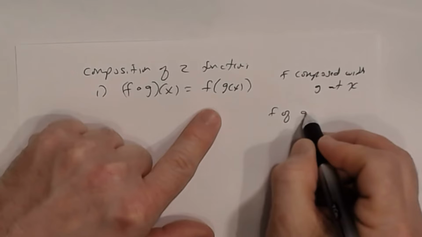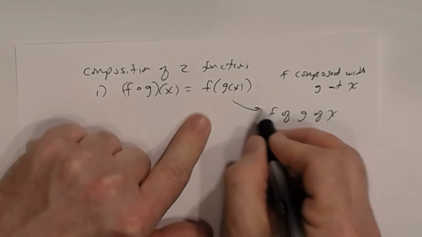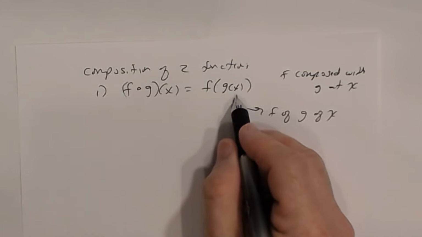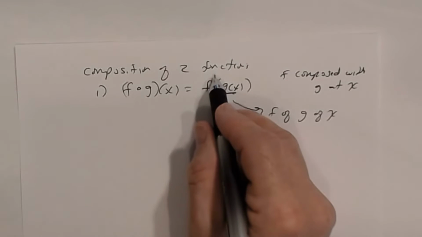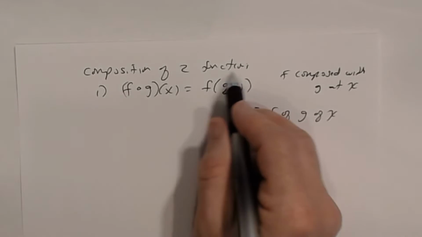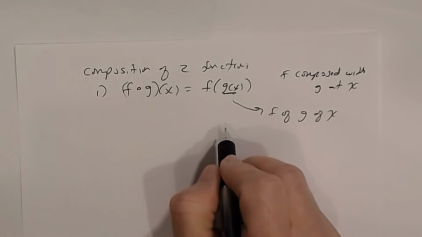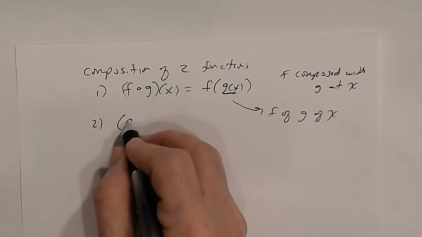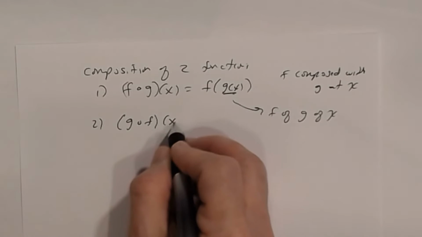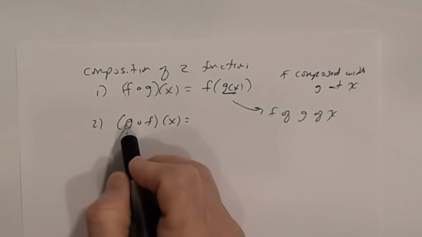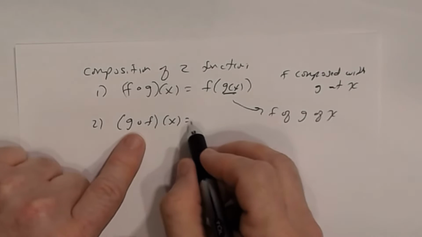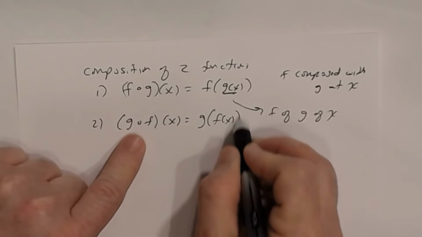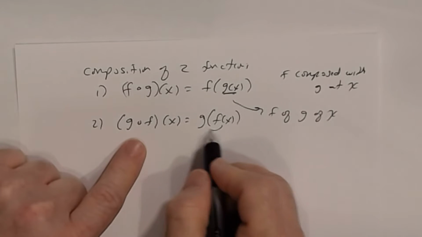That's how you read this part. F of g of x. So notice that g of x is inside of f. If it was written this way, g composed with f at x, whatever's listed first goes first. So by that same idea, this is going to be g of f of x. So this time f of x is inside of g.